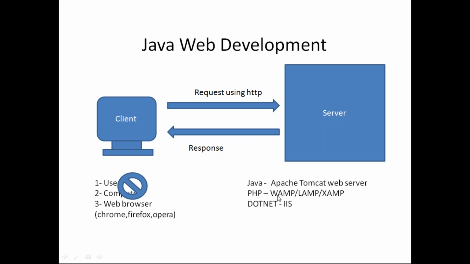WAMP stands for Windows Apache MySQL PHP, LAMP is Linux Apache MySQL PHP, and XAMPP is cross-platform Apache MySQL PHP. These are the three most popular servers used in PHP web development. In .NET, the IIS server is used, Internet Information Services. So we are learning Java, that's why we will deal with the Apache Tomcat server.